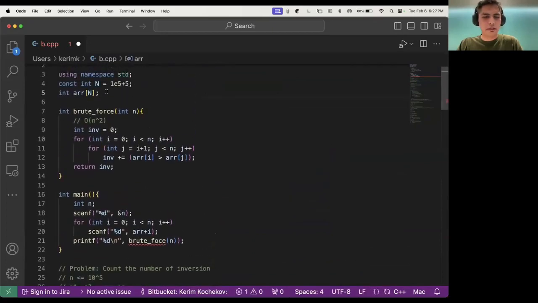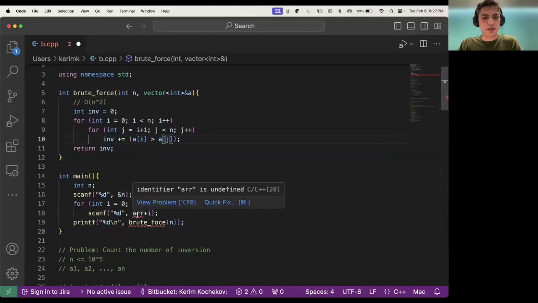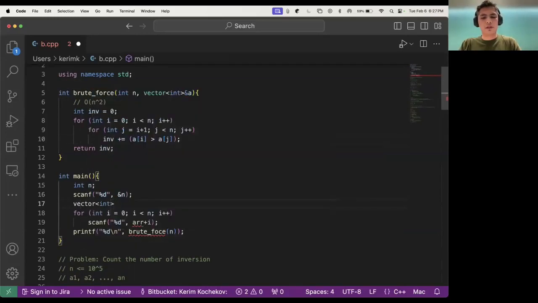Maybe I can use vectors here so as not to have any global elements. So for example, I will just have A here. Definitely we will be passing by reference, otherwise it will clone the entire data structure, and this will use extra memory that we don't want. So we'll just have a vector here as well. I'm using input output in the C format here.